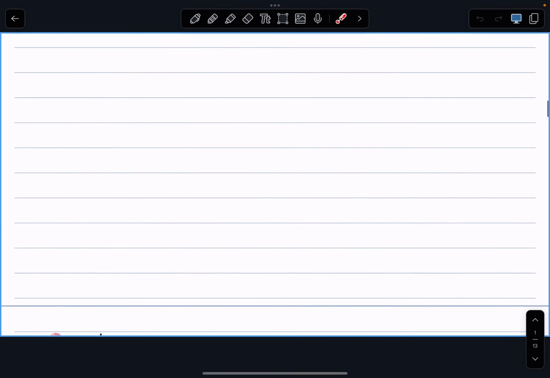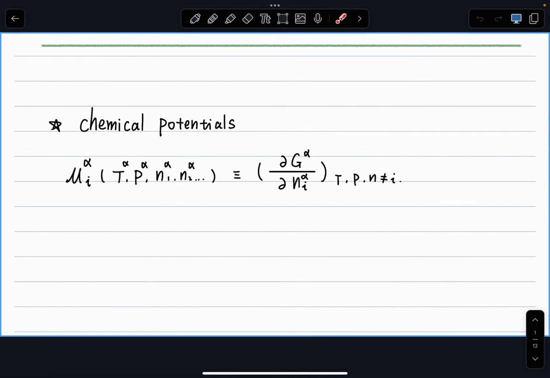First of all, let's quickly review our definition of chemical potential. If you already forgot about it, I want to refresh your memory. Here is the chemical potential symbol. Alpha denotes a specific phase, and this i tells you the chemical species we care about. Here we have temperature and pressure of that phase alpha.